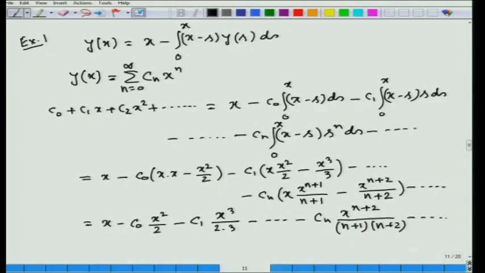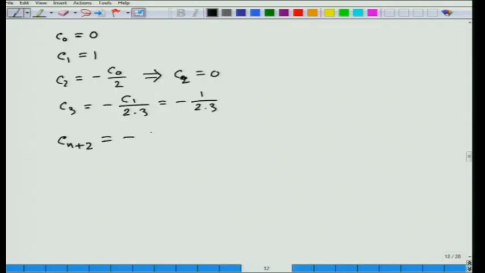So, therefore, equating the coefficient of x to the power n plus 2 from both sides, we will be having minus C n divided by n plus 1 into n plus 2. So, using this recurrence formula and the results C 0 equal to 0, C 2 equal to 0, we can find C 4 equal to C 6 equal to C 8, all these coefficients exactly equal to 0.